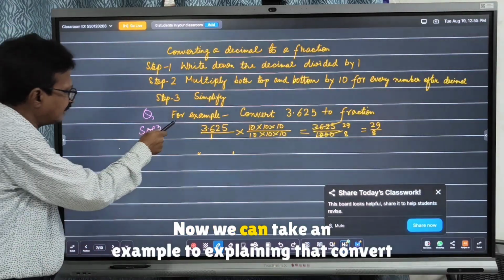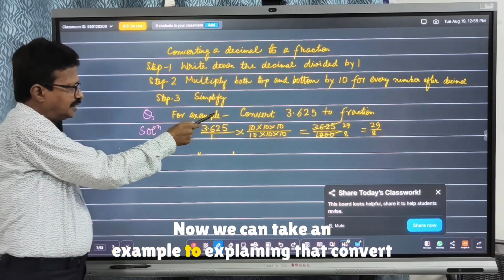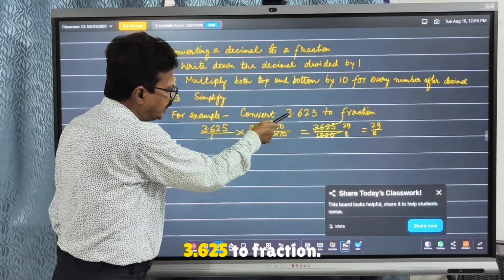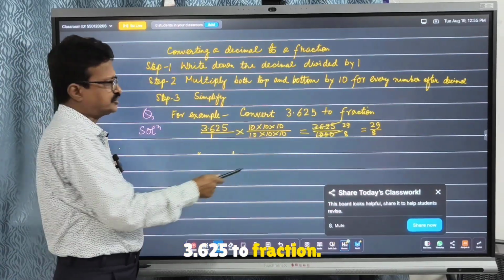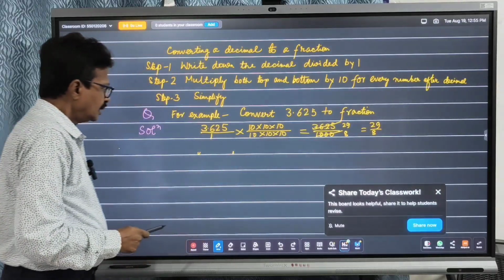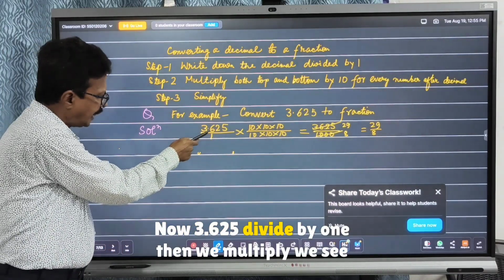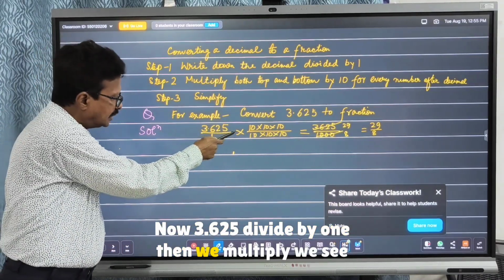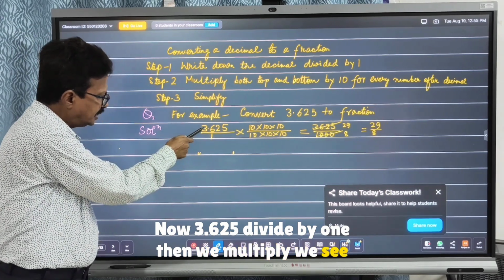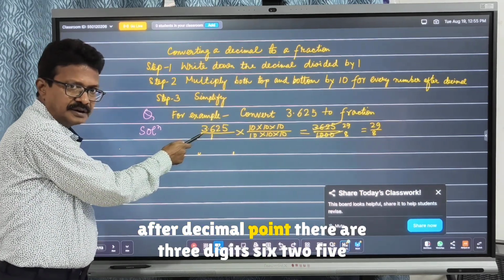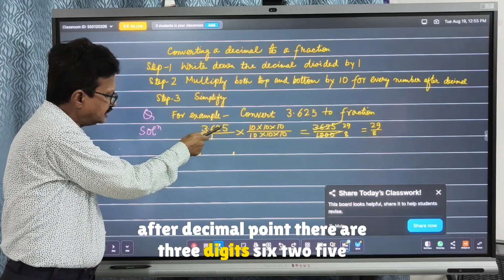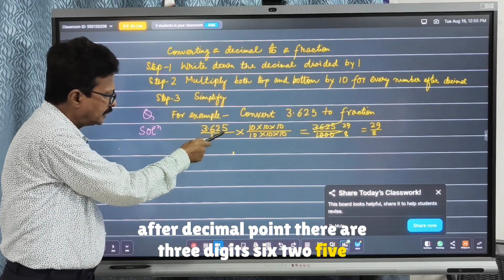Now we can take an example to explain it: convert 3.625 to a fraction. 3.625 divided by 1, then we multiply. We see after the decimal point there are 3 digits, 6, 2, 5.